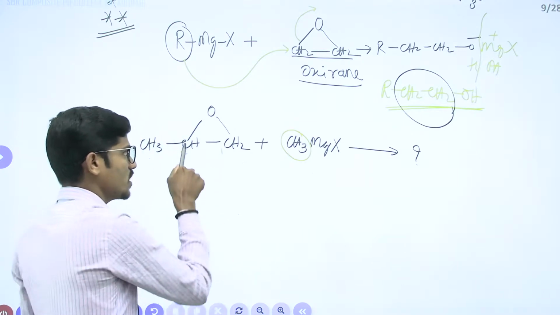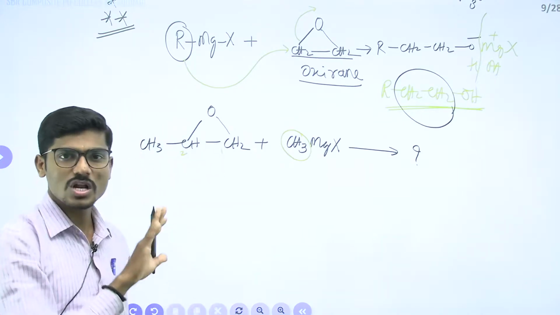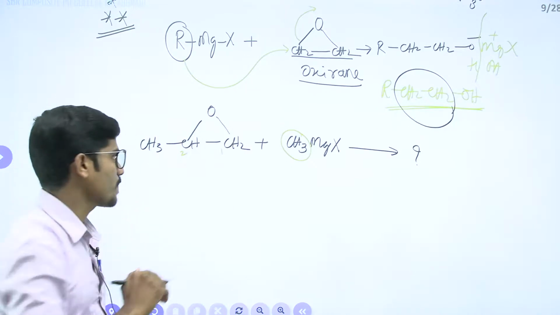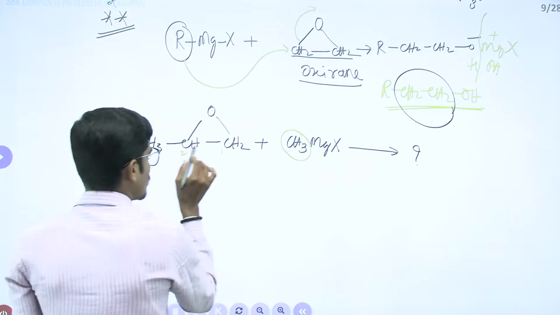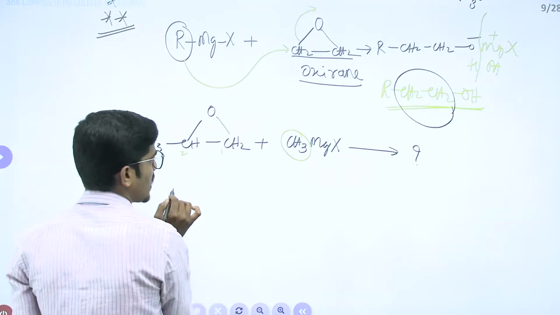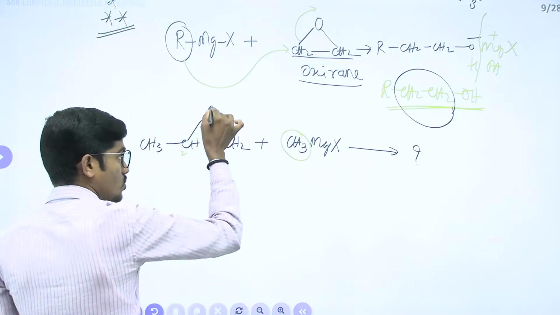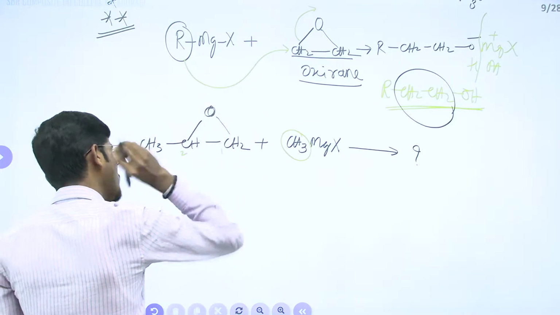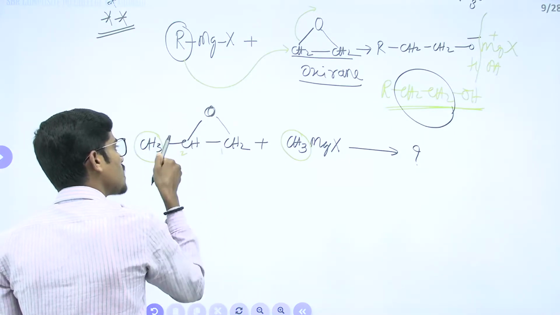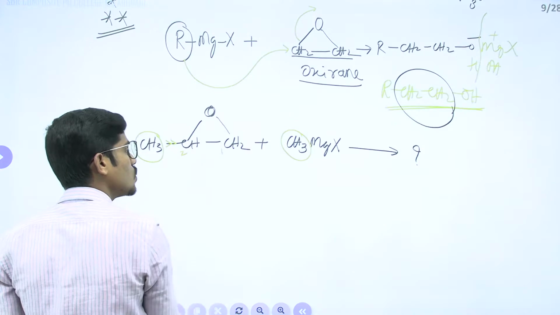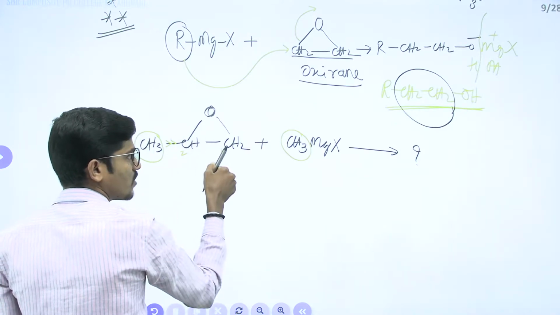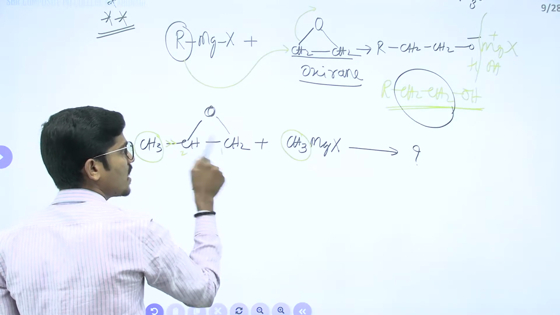In this case the two carbon atoms are not equally electron deficient, so there will be a difference. This carbon is less electron deficient, because oxygen, being more electronegative, attracts electrons from both, but here the CH3 group, this alkyl group, is an electron releasing group. Therefore, because of the plus I effect, this carbon will be more electron deficient.